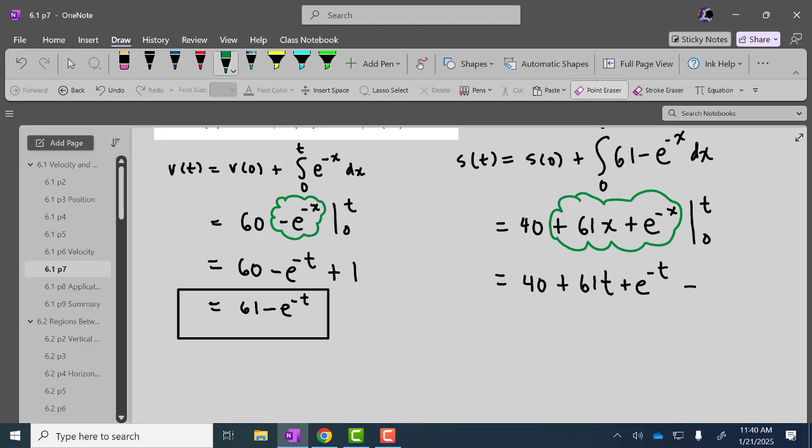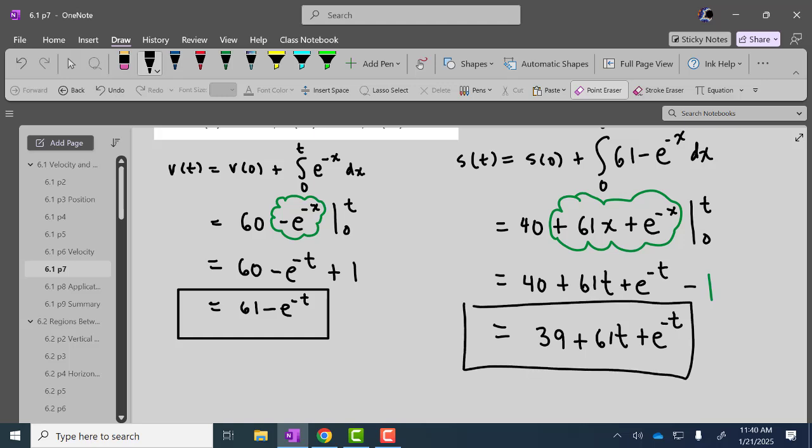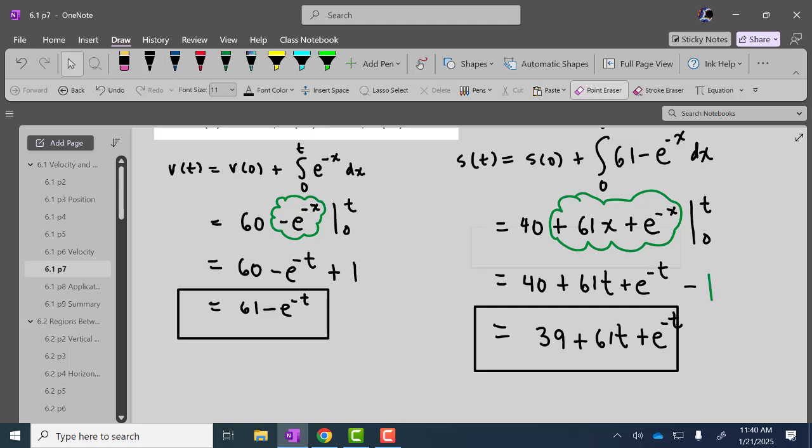Plug in 0 here, we get 0. Plug in 0 here, we get 1. We're subtracting off 0 plus 1, so we're subtracting off 1. So that's going to give us a 39 plus 61t plus e to the minus t. Whoops. All right, any questions on that?